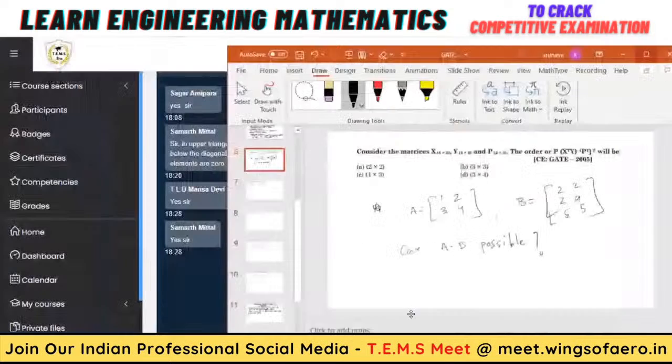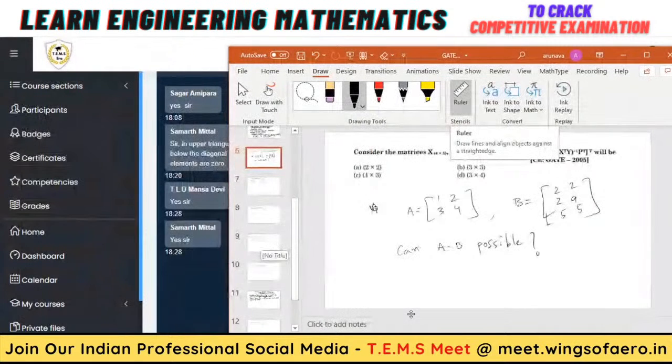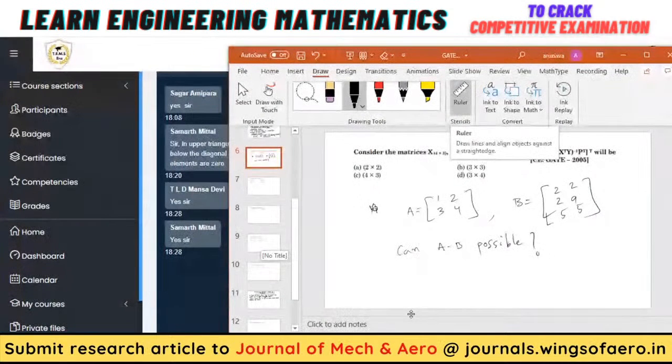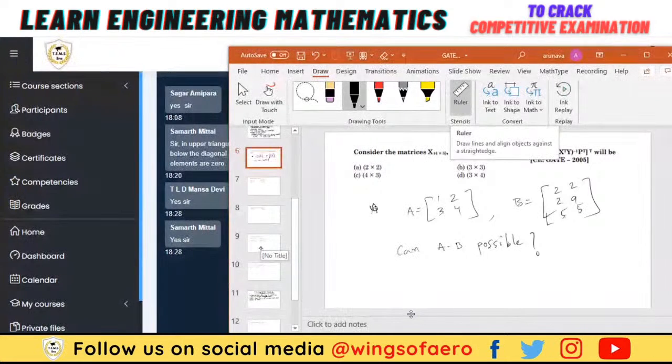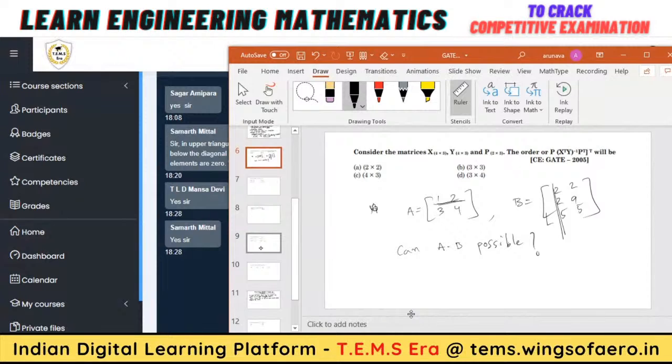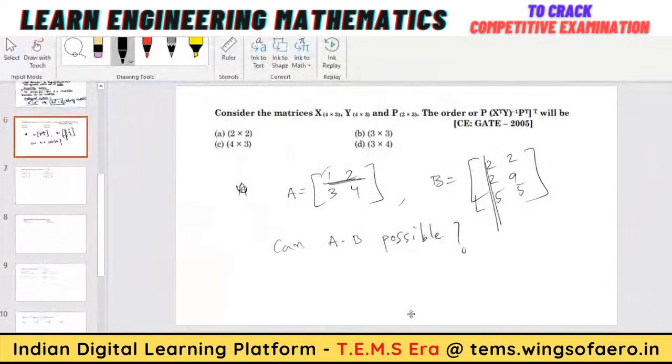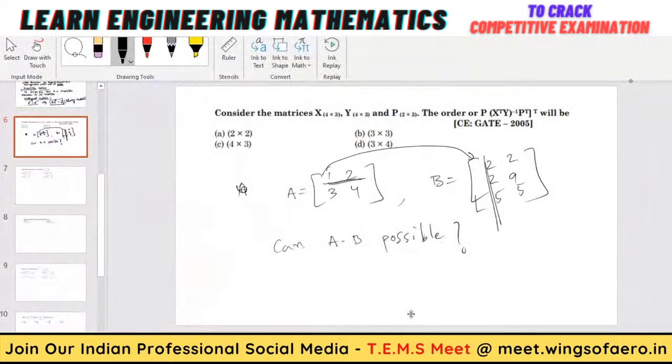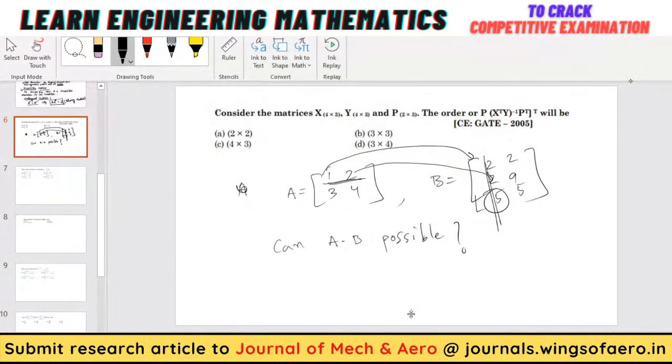Yes or no? No, sir. Why is it not possible? Because for M cross N, the inner dimensions must be equal. Exactly. Because in matrix multiplication we multiply the rows with the columns. This 1 is multiplied with this one, and this 2 is multiplied with this one. But this 5 will remain.